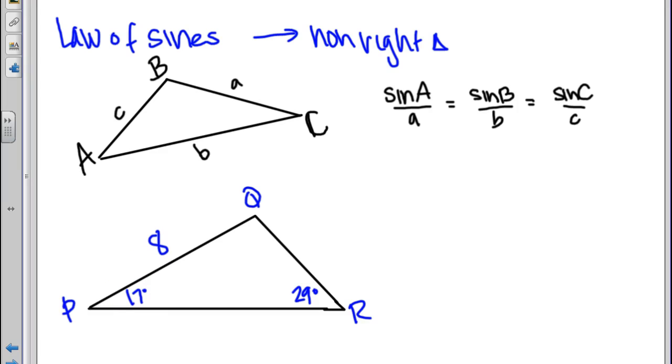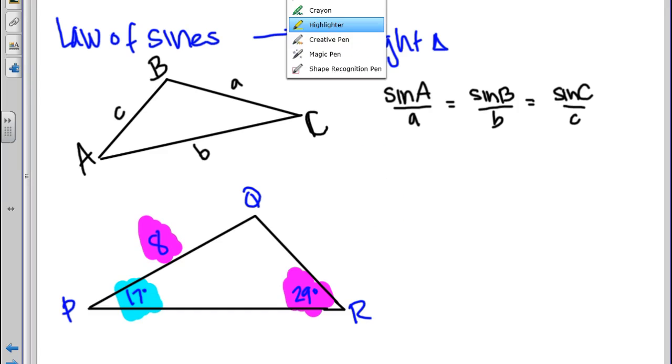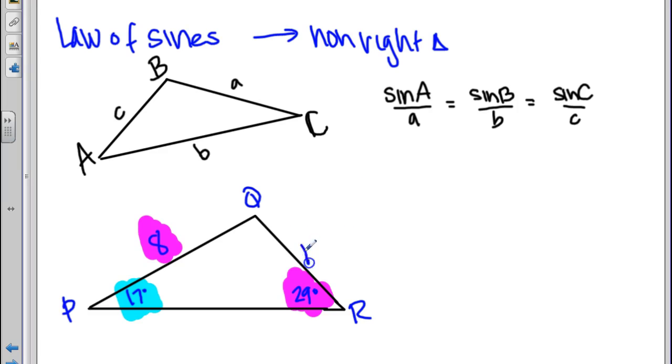So first we want to look at, okay, what are we given? Well, we have angle R and the side opposite. We have angle P, and let's try to find side P. All right, so I'm going to use the law of sines.